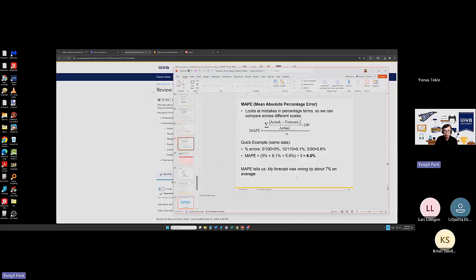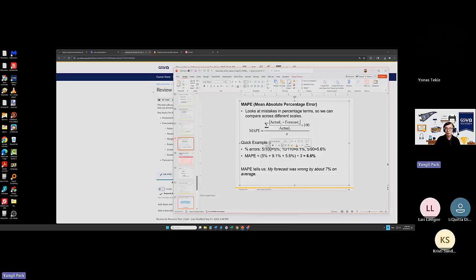The third one is mean absolute percentage error, meaning that we're trying to find the percentage out of this error term. Basically, what we're trying to find here is a percentage. Then you divide by the number of items, n. Again, using the same data set, you find the percentage of error, which is the difference between actual and forecast, which is 5, divided by 100.